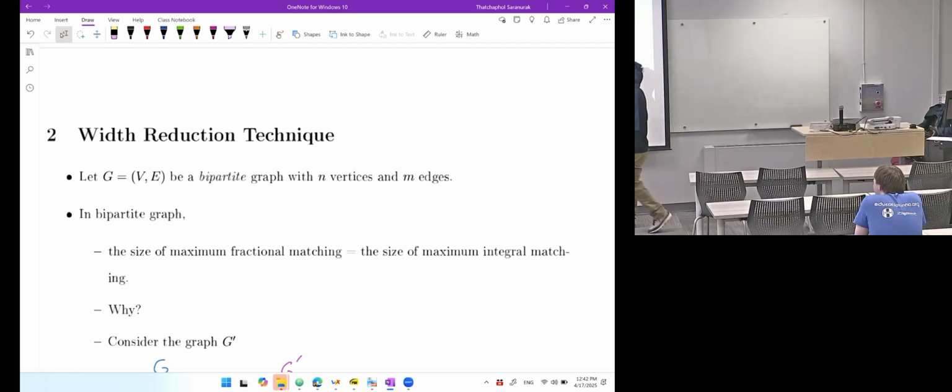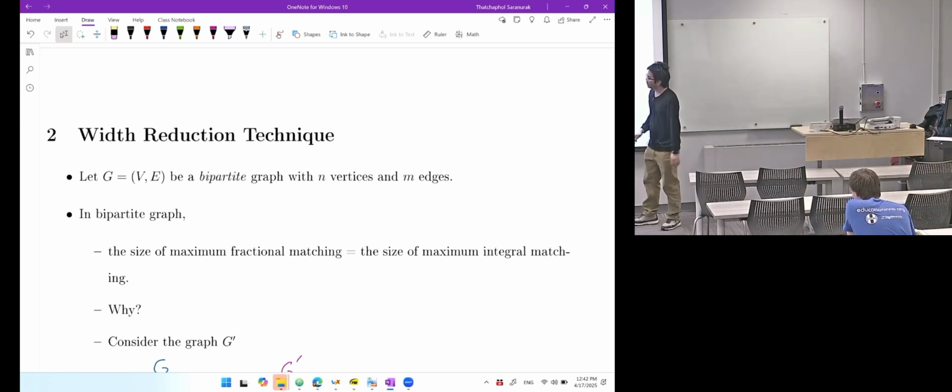We're going to look at the bipartite matching problem, and I want to note that when you solve bipartite matching, the maximum fractional matching and maximum integral matching are the same. Do you recall why this should be the case?